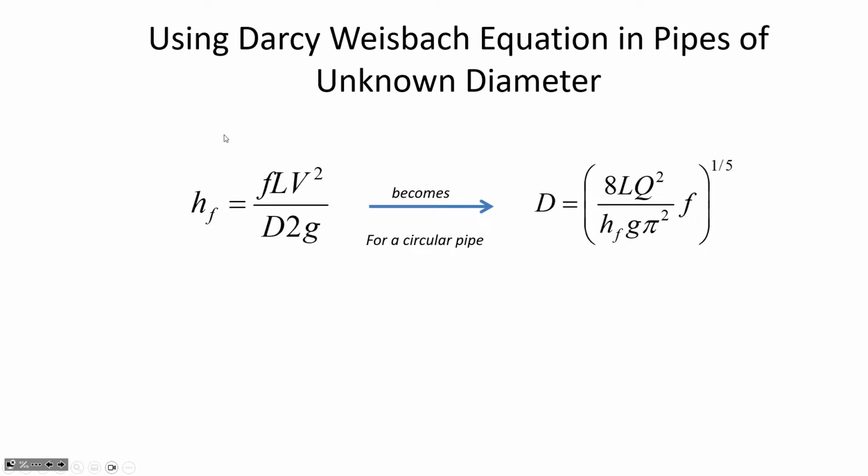This is the Darcy-Weisbach equation for estimating head loss due to pipe friction. So we know that it depends on friction factor, the pipe length, the velocity of flow through the pipe, its diameter, and so on.